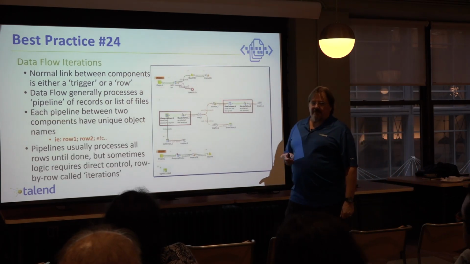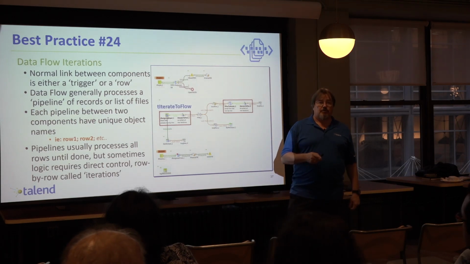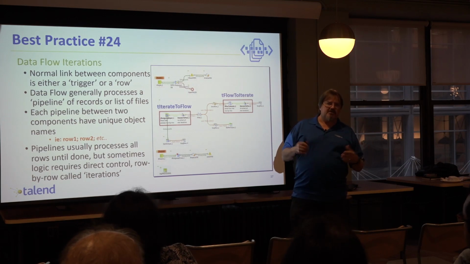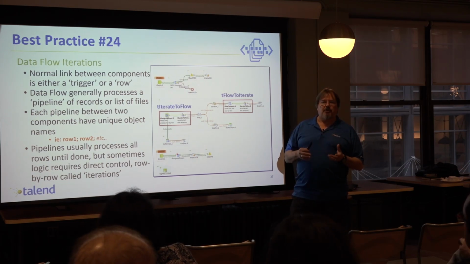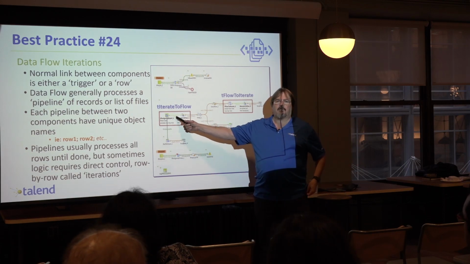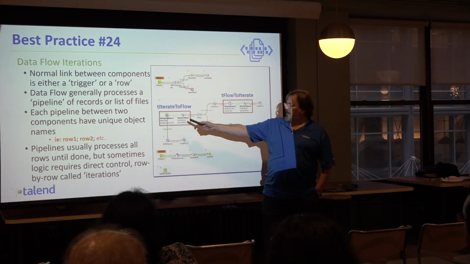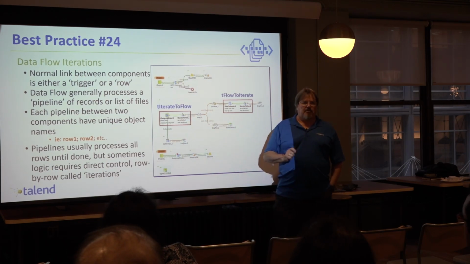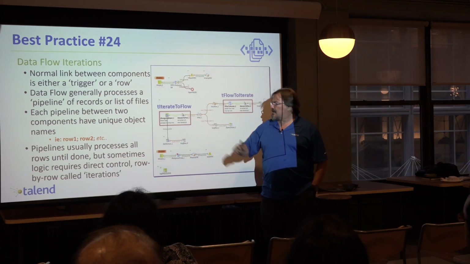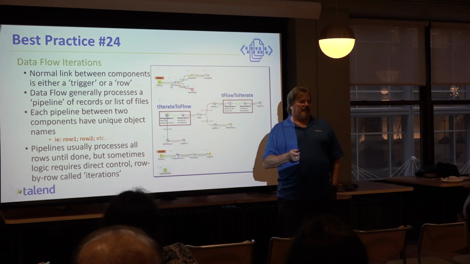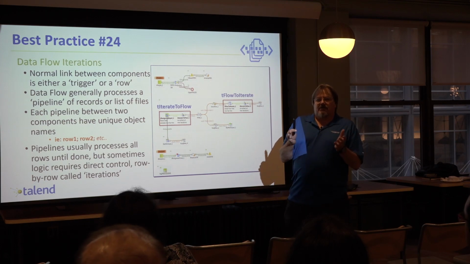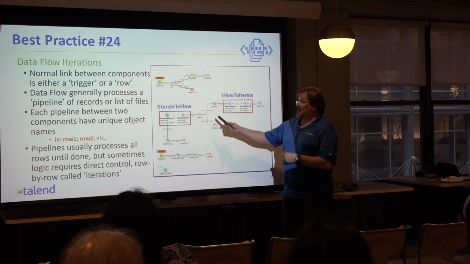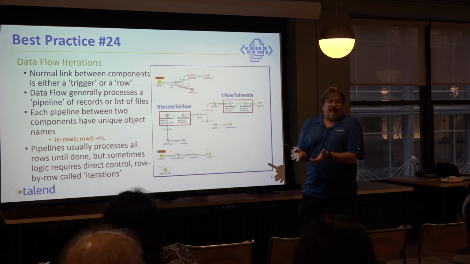There's a common need when you're processing data, result sets, to be able to iterate through row by row. Pretty simple. Now, some components allow you to trigger with an iterate trigger itself. So I'm reading a Postgres table, and I'm saying row by row, pass it into the next component. Now, in my case here, the next component is iterate to flow, which is a special component that allows the Java being generated under the hood to process that one flow and pass it on to the next component as a data flow.